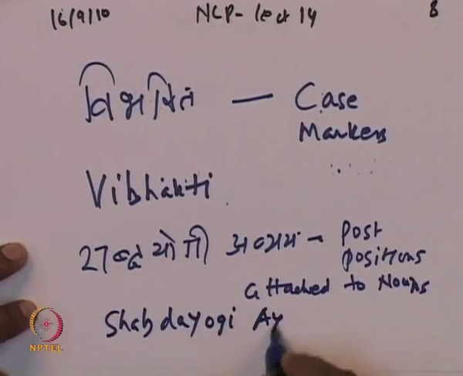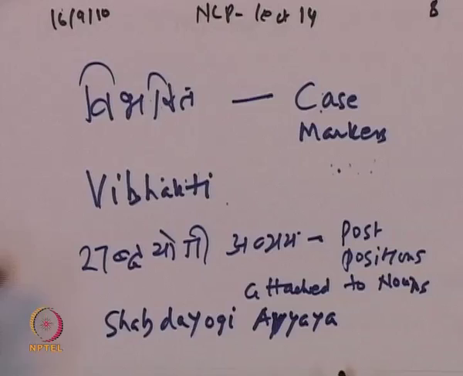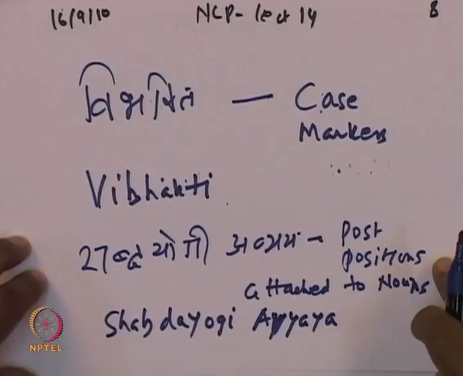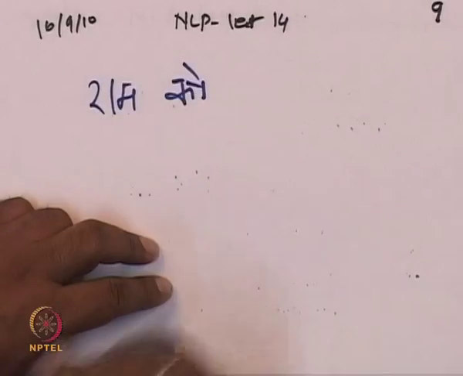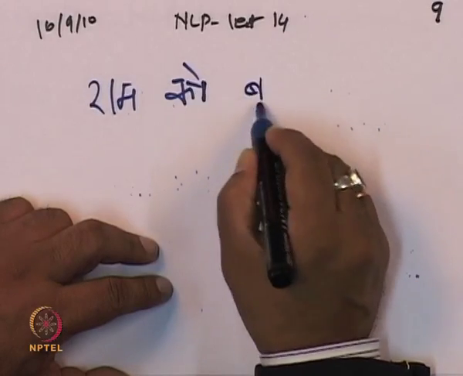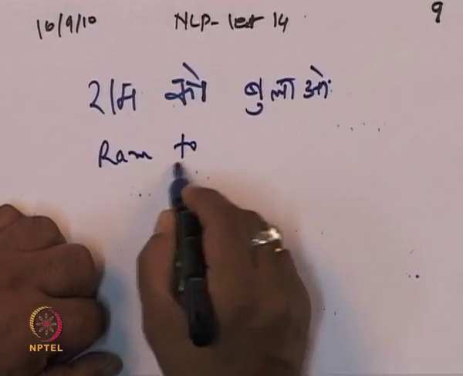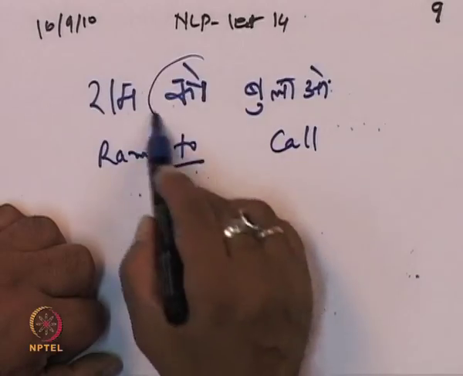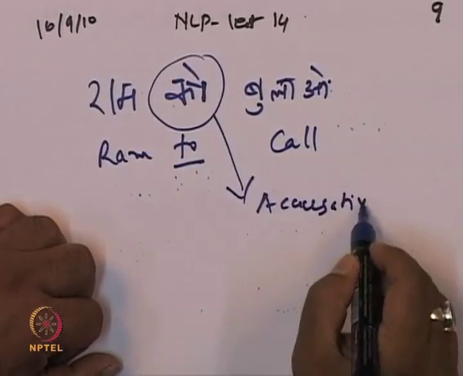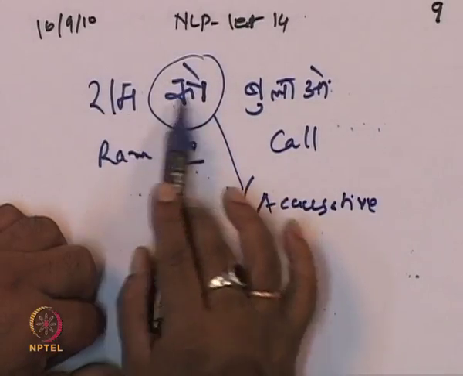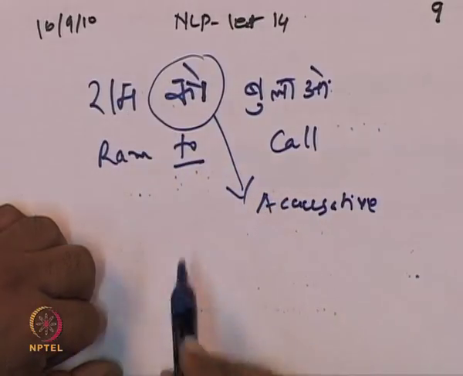Shabdayogi Avyaya. So, just to give an example, in Hindi, Ram ko bulao, this is Ram to call. So, this ko is an accusative marker, and here it is separate from Ram, there is a blank space.